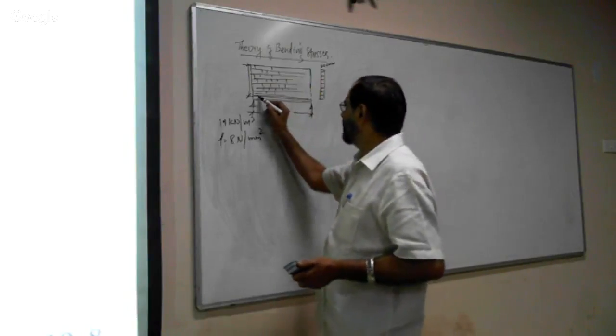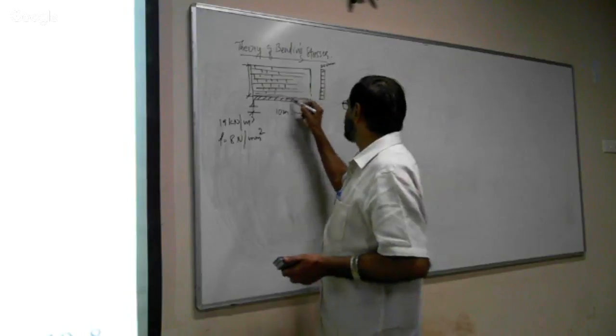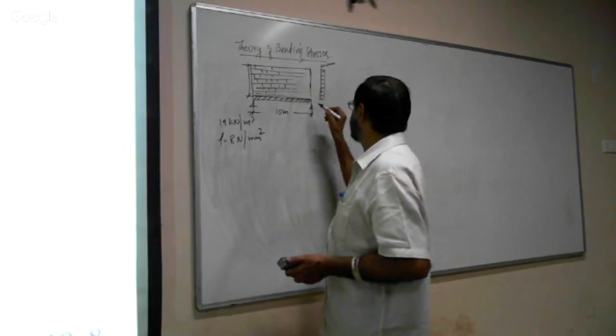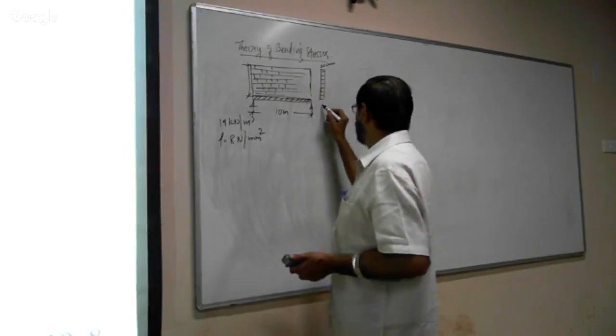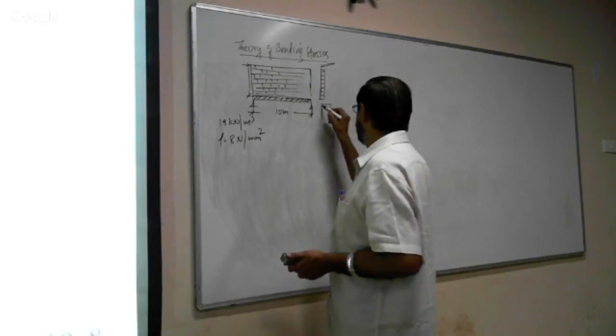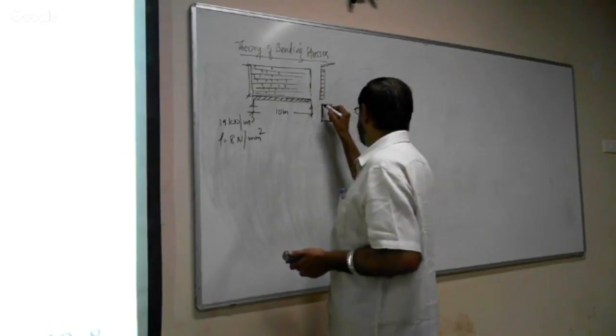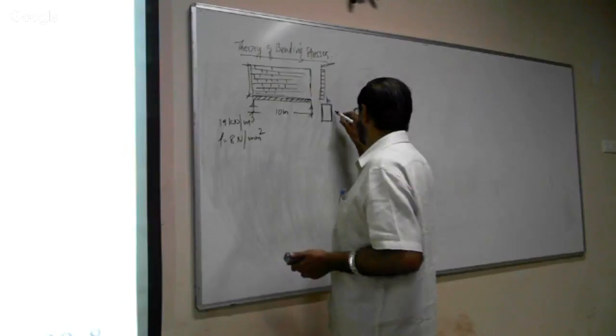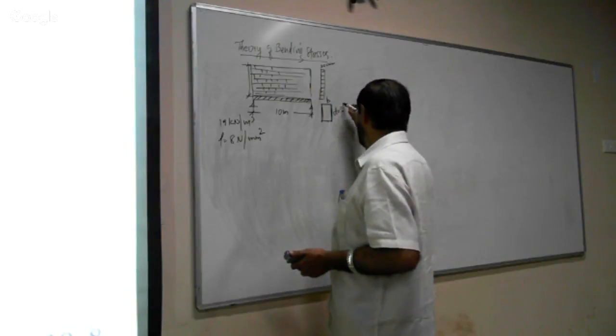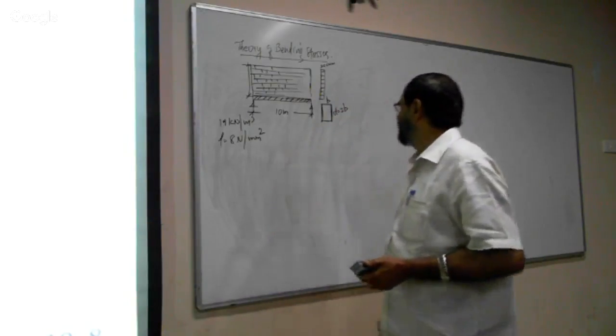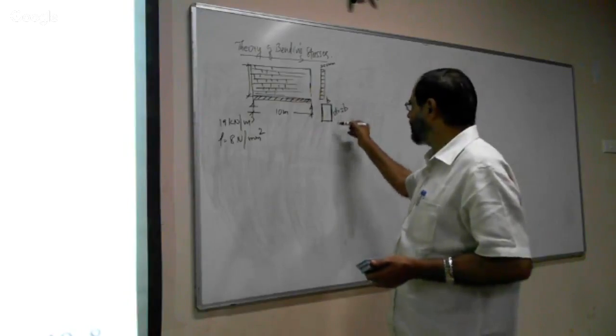Now, this is the beam. Let us find out the minimum beam size required. Let us assume this is the size of the joist: the breadth is B and the depth is 2B.